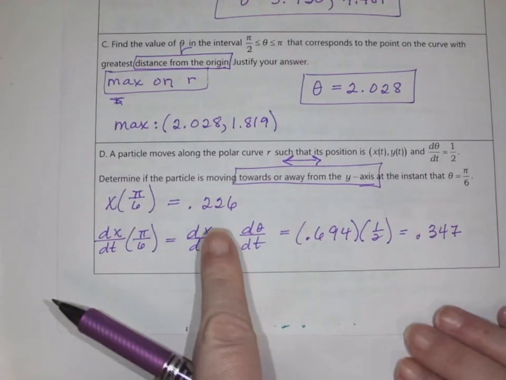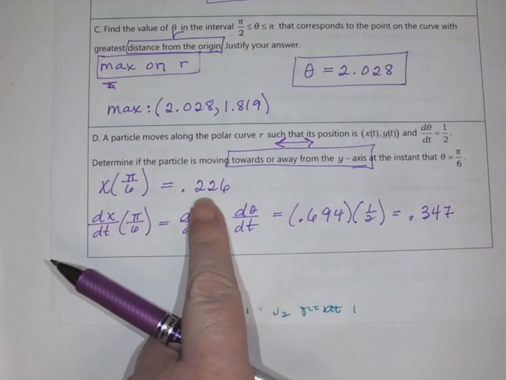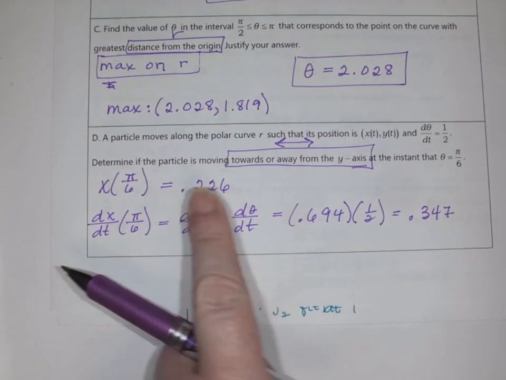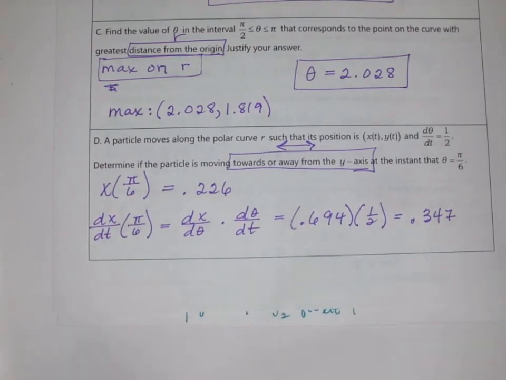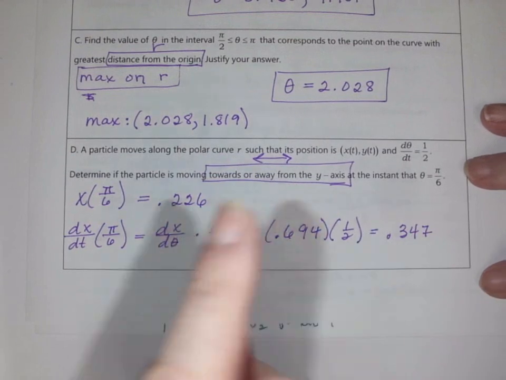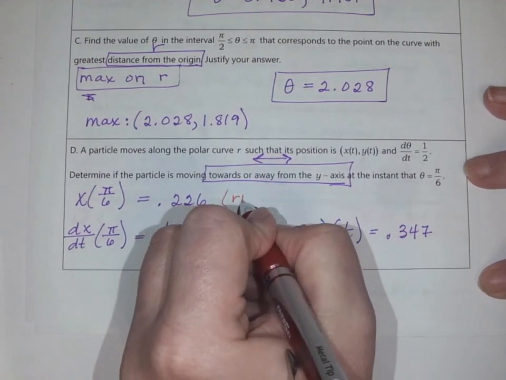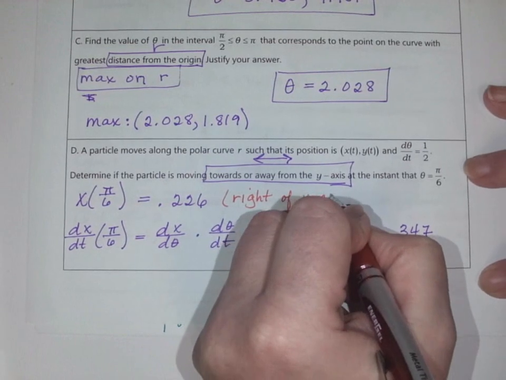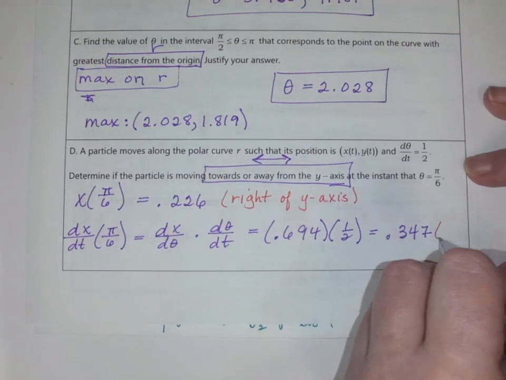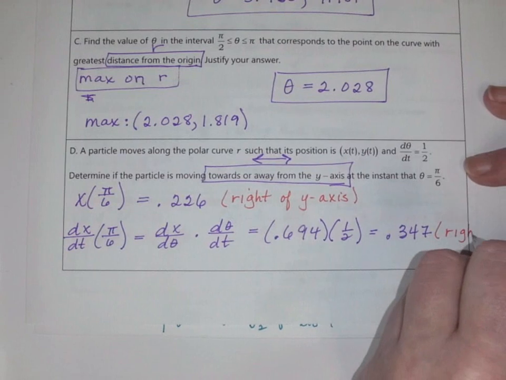All right, so now our x value is 0.226, and our dx dt is 0.347. So this means we are right of the y-axis, and we are moving to the right.